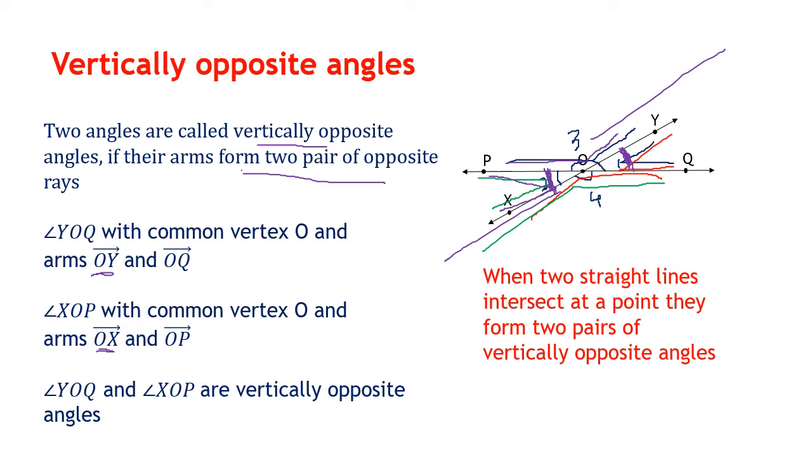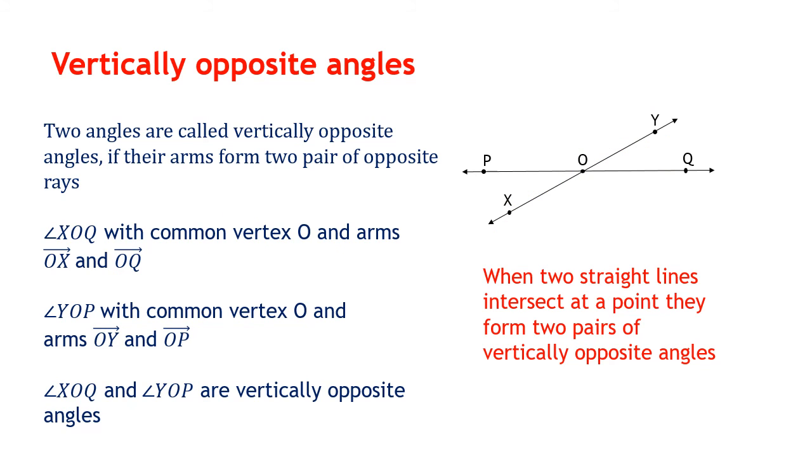Similarly, the arm OQ of YOQ is opposite to OP. So we have OQ is opposite to OP. So YOQ and XOP are vertically opposite angles.